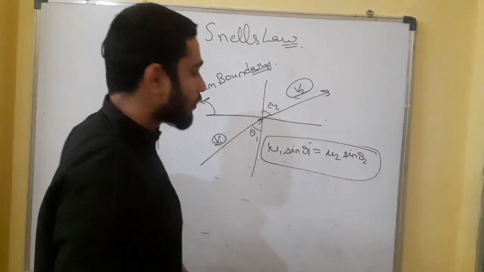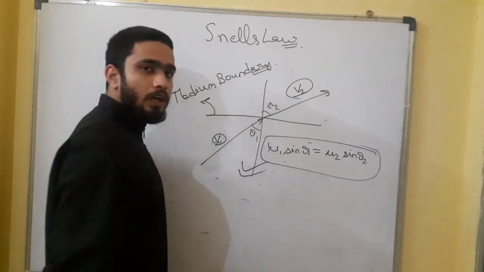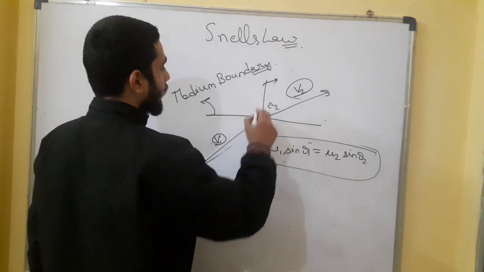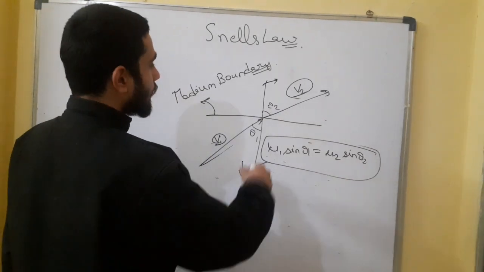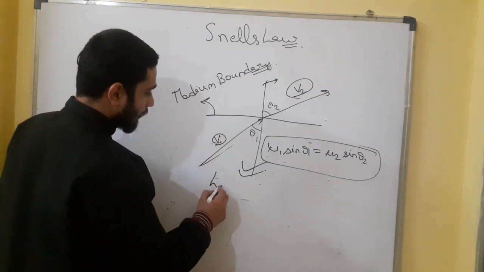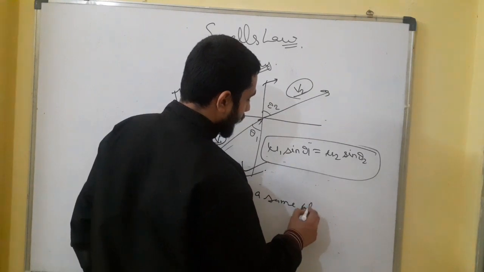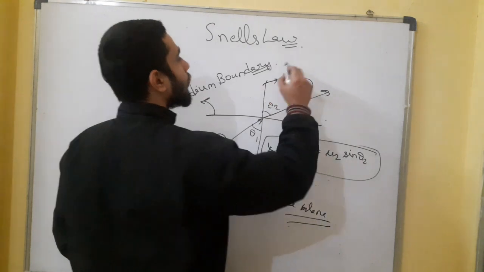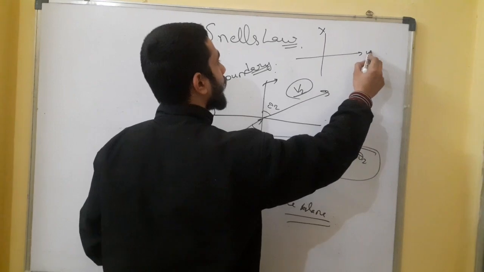Okay, so by Snell's law we can find this relation, and the normal line, the incident ray and the transmitted ray in the second medium all lie in the same plane. So what it means, suppose a ray is going in the xy plane.